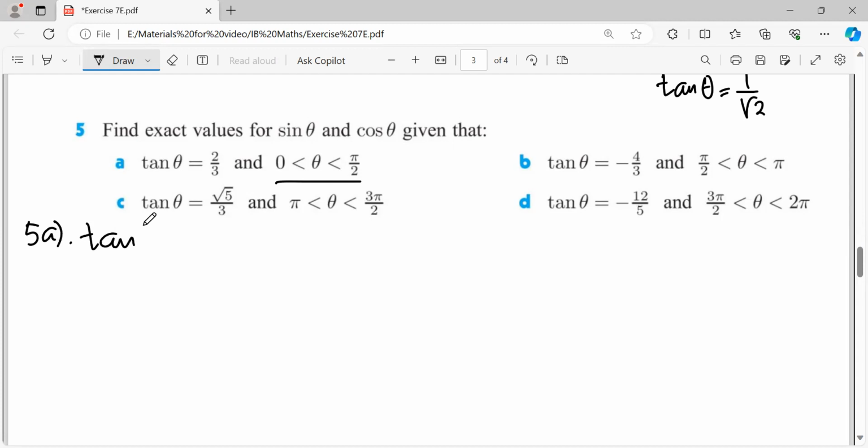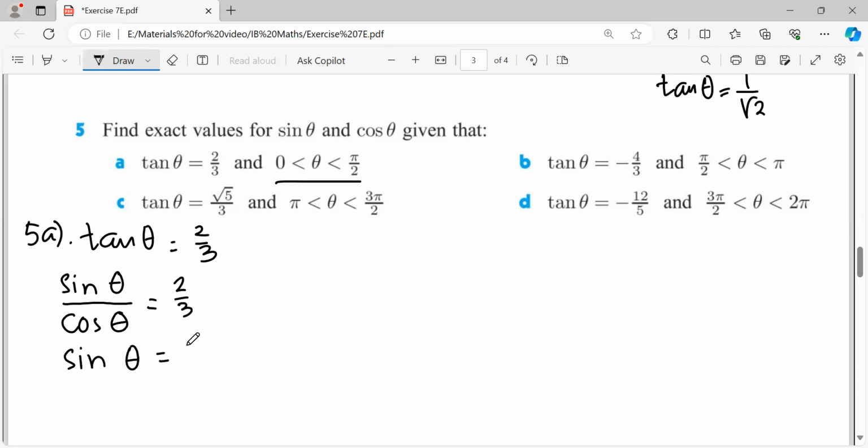So tangent theta equals 2/3. It means sine theta over cosine theta equals 2/3. Sine theta equals 2/3 times cosine theta.